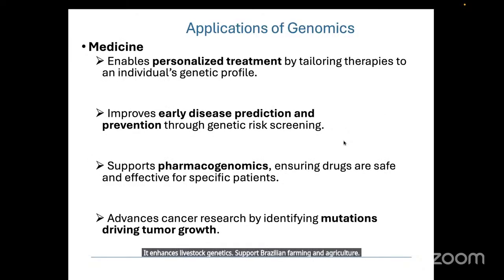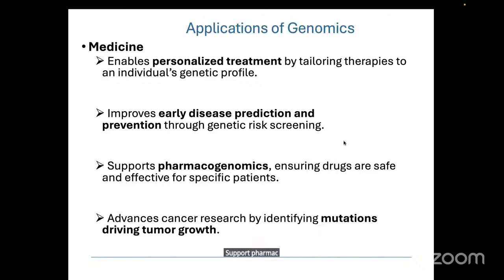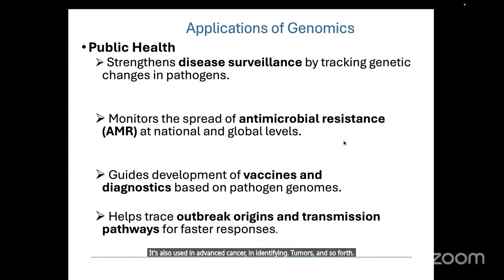In medicine, it enables personalized treatment, improves early disease prediction and prevention, and supports pharmacogenomics, ensuring that drugs are effective for specific patients. It is also used in advanced cancer, in identifying tumors and so forth. We also have public health. It's used for disease surveillance.